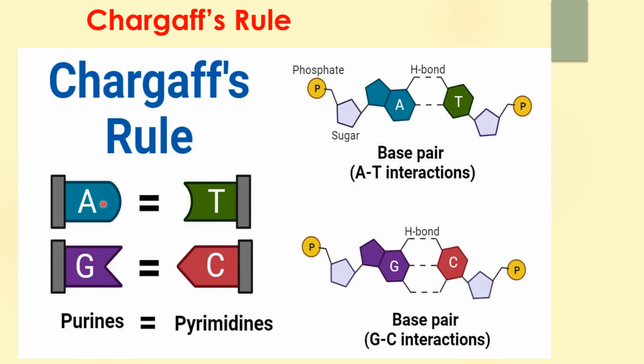And the total of A plus G, that is the amount of purines, must be equal to the amount of pyrimidines. This law is stated by Chargaff and is known as Chargaff's rule. DNA is made according to Chargaff's rule.